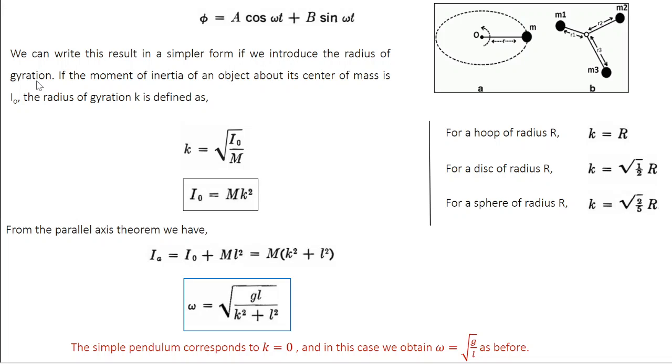Now radius of gyration is a concept similar to center of mass. Remember the motivation behind the center of mass. You have a multi-particle system. If you try to analyze the motion of each of the individual particles, this is going to be a very tedious task because you will have to write down n equations of motion. So you approximate the multi-particle system to a single particle system.